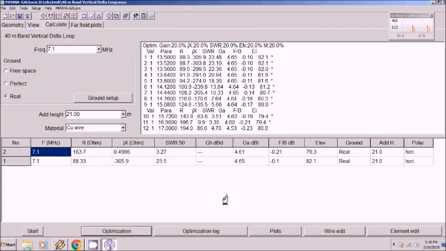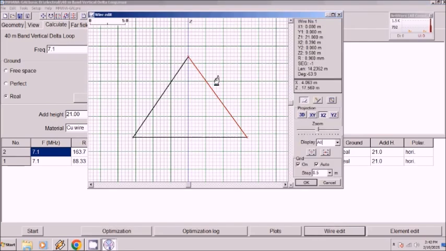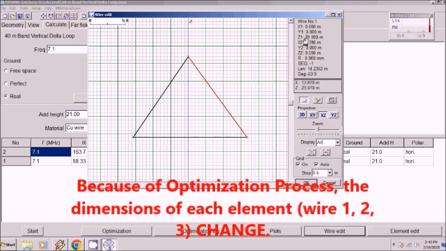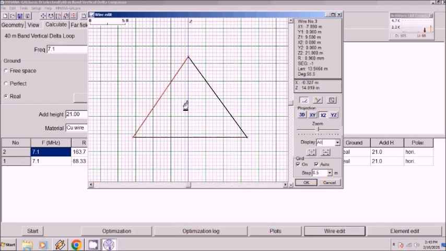So yes, the dimensions have changed, I'm sure, because of this optimization. All the dimensions you see: in wire number 1, now the length increased to 14.2, wire number 2 16, and wire number 3 13.94. Yes, increasing also, I believe.